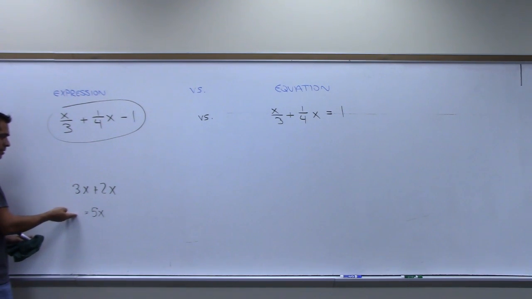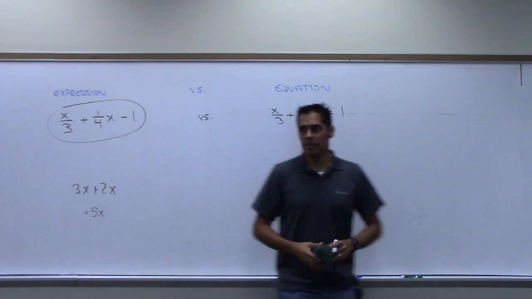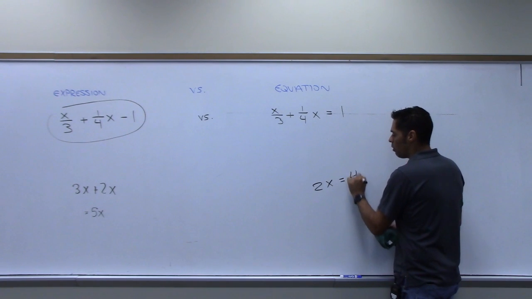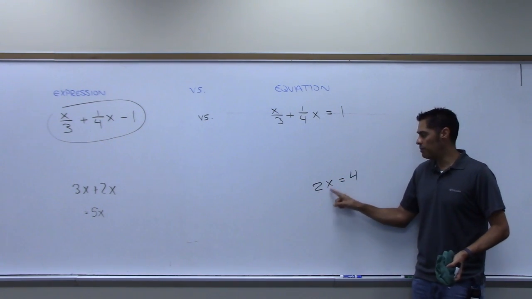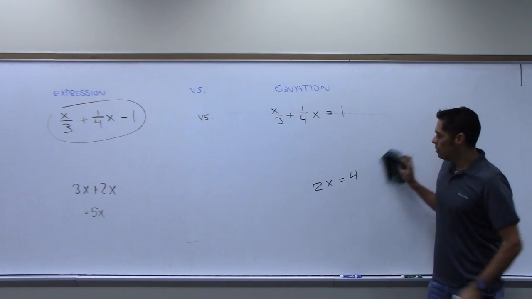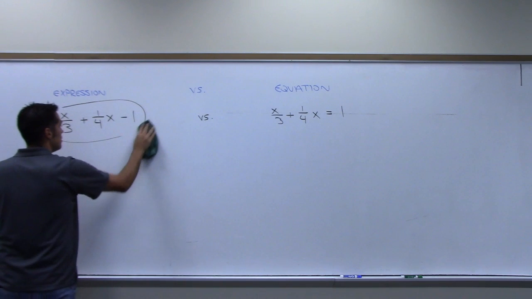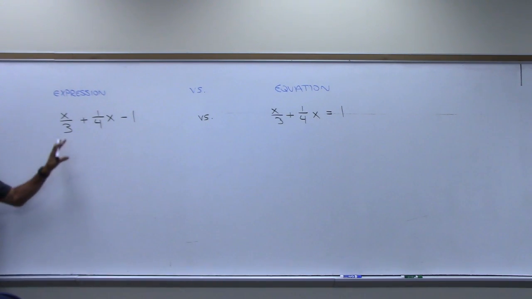As opposed to this, where I'm actually giving you something to solve, right? If I say 2x equals 4, then hopefully it's obvious that, well, x has to be 2, right? 2 times 2 is 4, so there's an answer. So that's what we're trying to get you to see here, all right? The difference between an expression and an equation. So for this, if I wanted to try and do anything to this, the best I could do is simplify it. That's it.